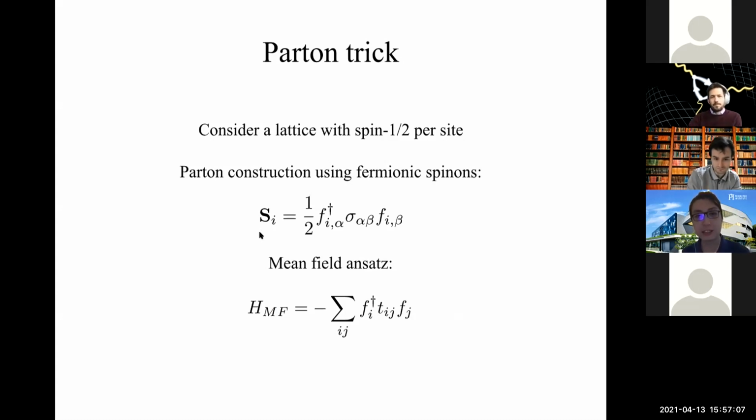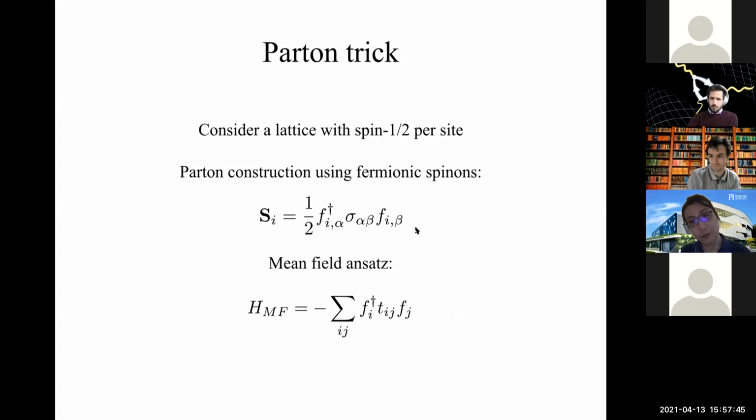Instead of dealing directly with the spin operator, you rewrite the spin operator this way, where sigma is the Pauli matrix, and this F operator is an auxiliary fermion operator that transforms as spin half as the SU2 fundamental. So this formally is an exact rewriting if you impose the right constraint. Here the right constraint being having exactly one fermion occupied at every lattice site. That way you recover the spin one half Hilbert space.